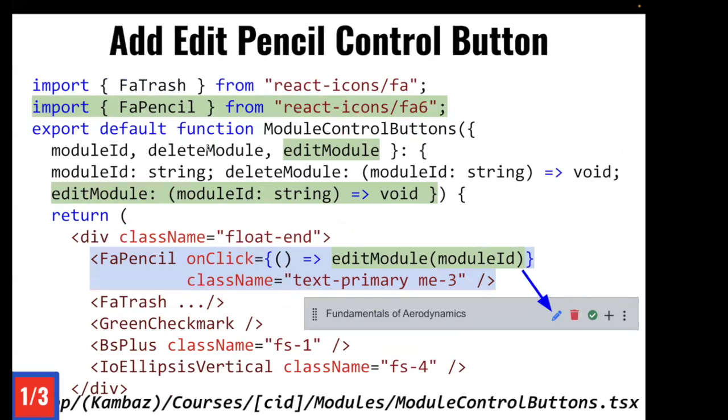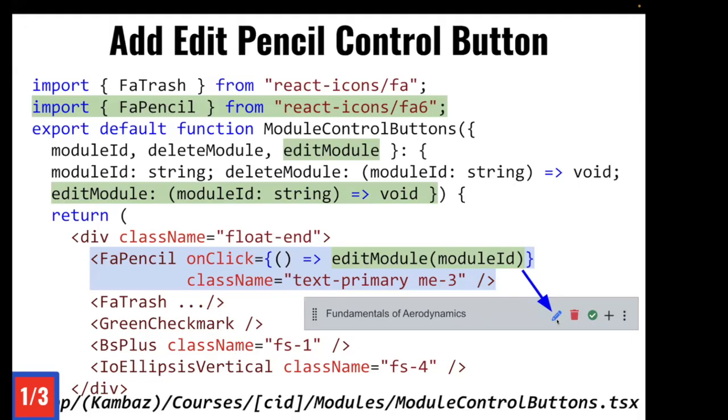Now let's do something a little more interesting. Let's add the capability of being able to edit a particular module name, right? Again, we could have used the dialog that we already have. That certainly could be the case. But here we're going to do something a little more interesting. We're going to try to edit it in place, so that instead of popping up a dialog, we're going to swap the text of the name of the module with an input field, right?